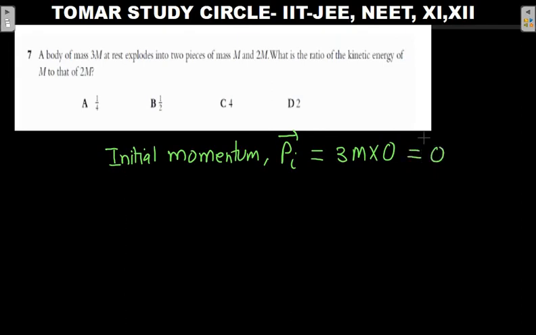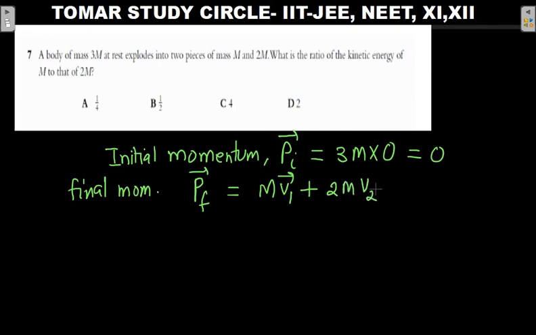Let after the explosion the velocity of mass m be v1 and the velocity of mass 2m be v2. Then the final momentum p_f can be written as m into v1, where v1 is the velocity vector of mass m, plus 2m into v2.